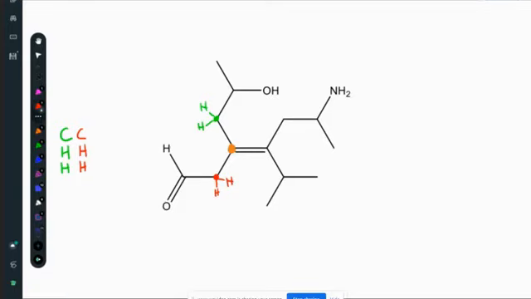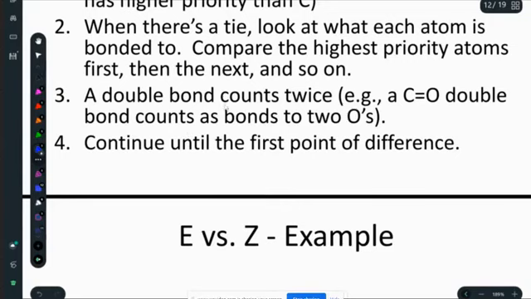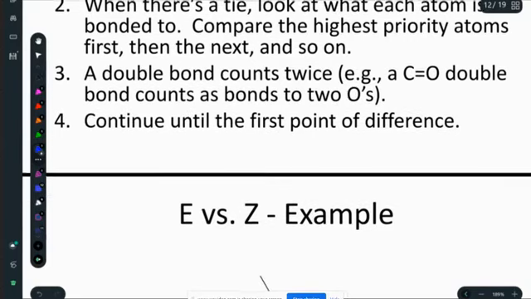So it's still a tie. What does that mean? I need to keep going. When I keep going, now I'm going to be comparing this carbon here to this carbon here. So for my purple carbon, the other things it's bonded to are, well, it's got a double bond to oxygen. My rules tell me that a double bond counts as 2 separate bonds.